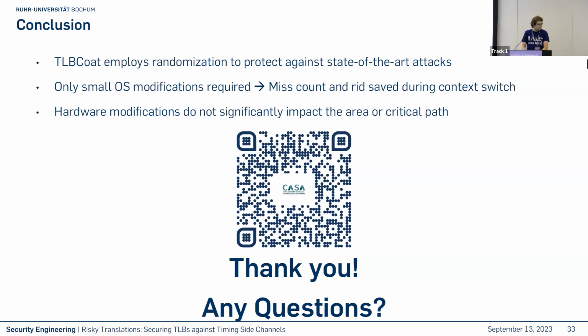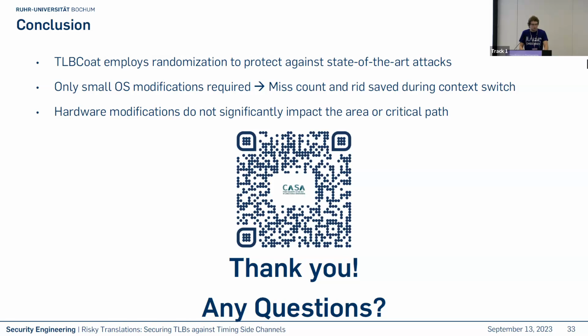Maybe I can ask a question. How do you envision your defense combined with others to give a complete protection? Would you still need to protect other microarchitectural components? What would you need to do in software? Yeah, so it should be combined with other defenses. For example, this just protects the TLB. If the normal cache is still there, we have seen it's vulnerable.